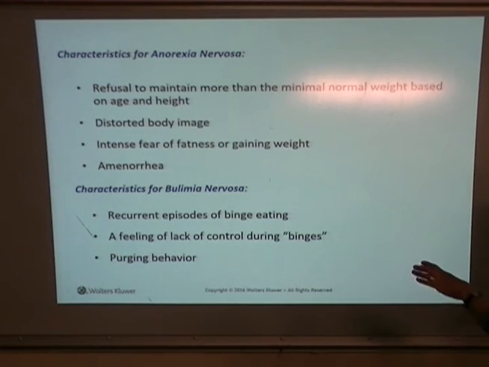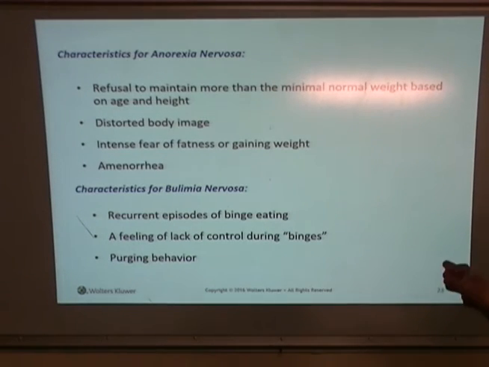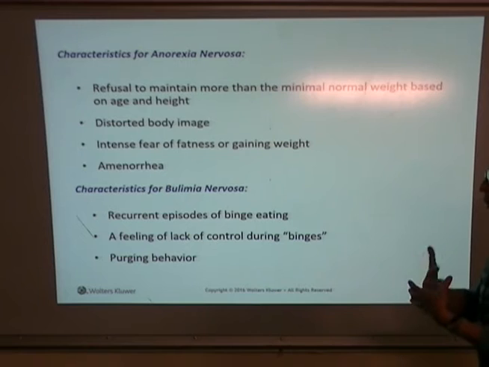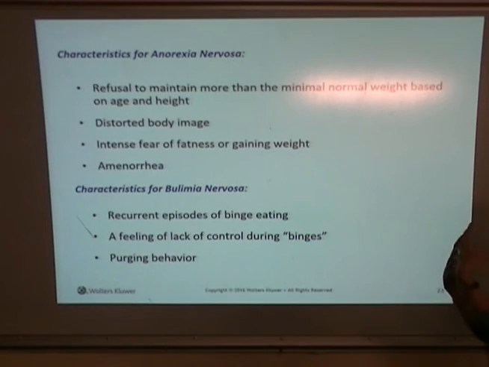You don't know what they're doing after the 4 slices of pizza, right? Again, because it's psychological, sometimes they will report that once they've started eating, they don't feel in control, and they can't stop the binging once it's started.